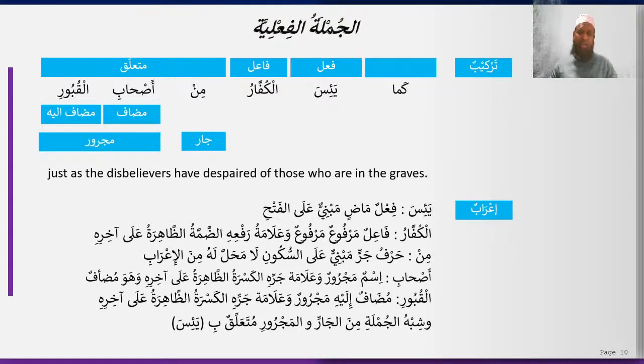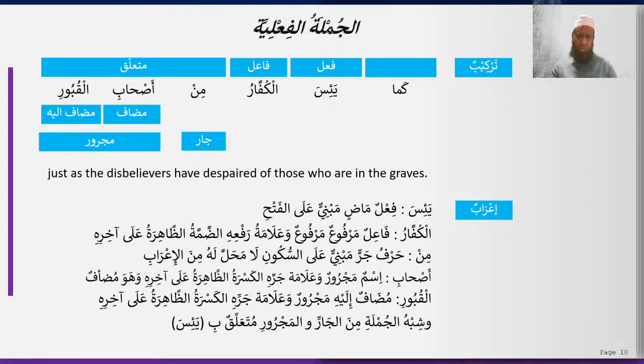So the first meaning, this is what it is. First translation: just as the disbelievers have despaired of those who are in the graves, the living disbelievers lost hope of those disbelievers who are dead.